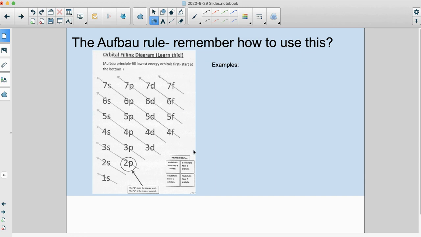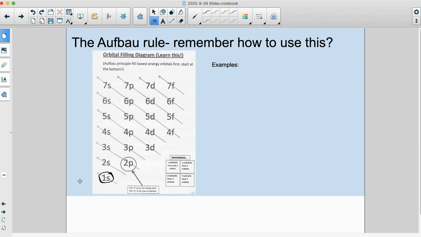So here's our Aufbau principle that we use to write the electron configuration of silicon. The Aufbau principle tells us which orbitals, or subshells, and the order in which we fill them. The s, the p, the d, and the f are different subshells.